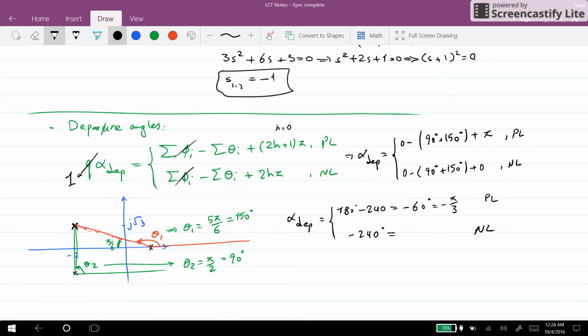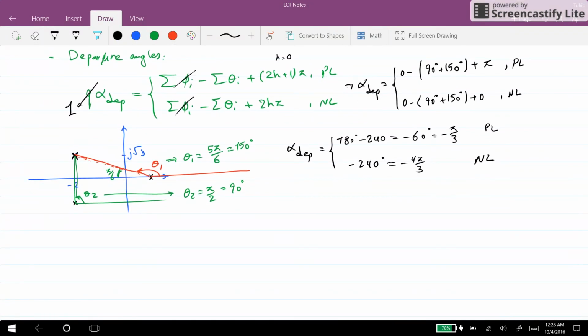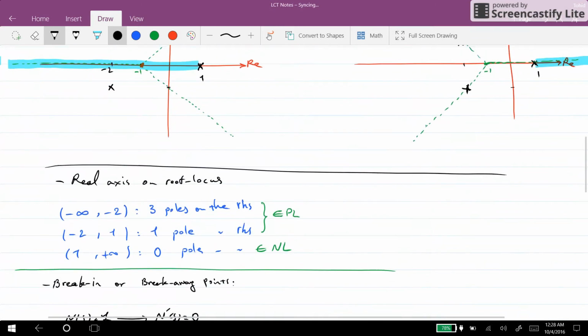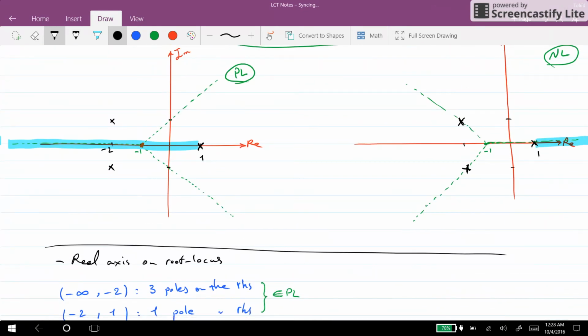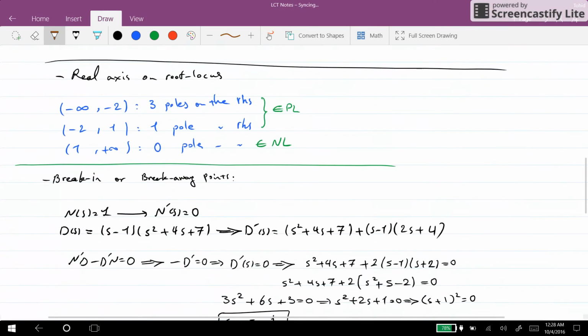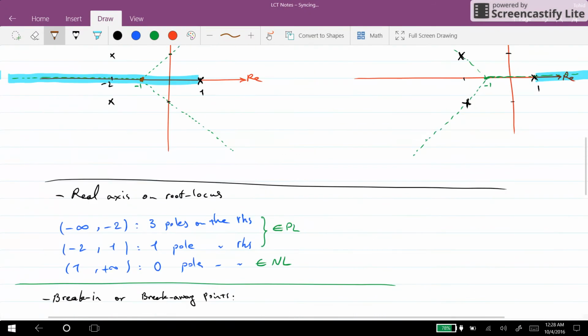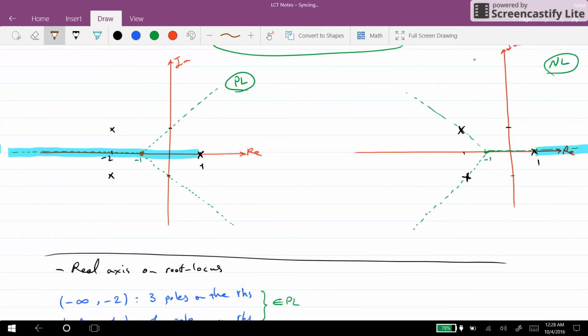Minus 240 or minus 4 pi over 3. Okay, so we can now draw this part on our root locus. For this pole, we have the angle of departure equal to, for the positive locus, minus pi over 3, as we have obtained, and indeed it is like this.